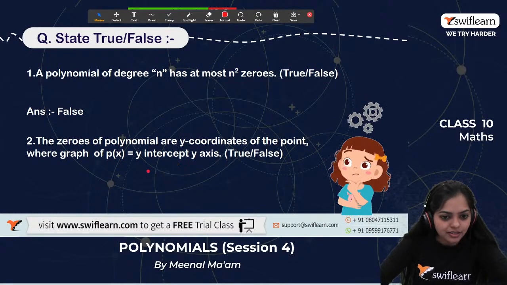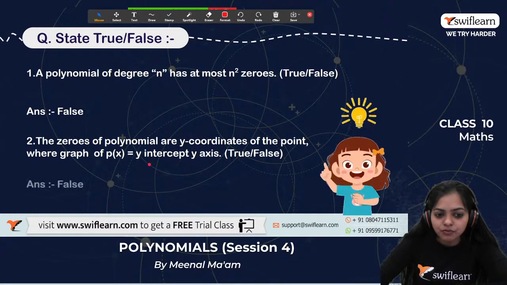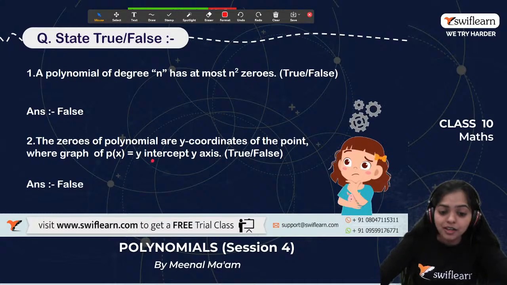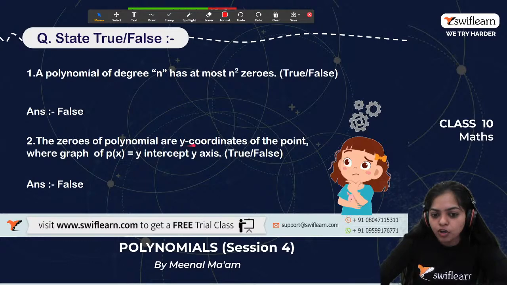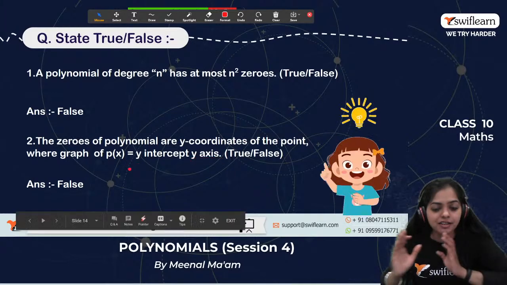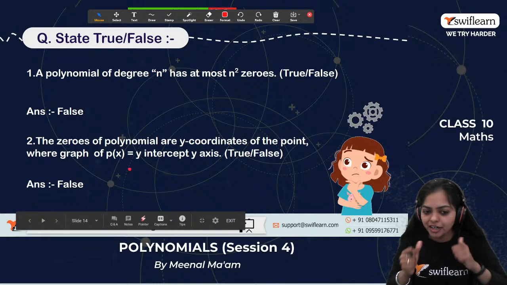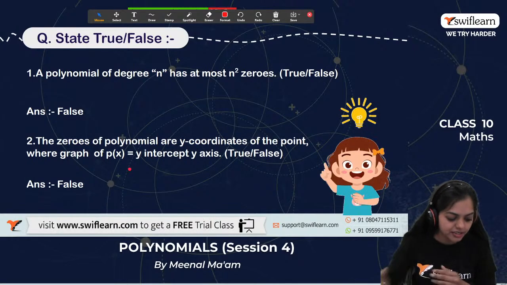Or something else? Yes, the answer is false. Why? Because it intersects the x-axis. The zeros of a polynomial are the x coordinates of the point where the graph p(x) equals y intersects the x-axis. Alright, so this statement is definitely false. Got it everyone? Yes, yes, yes.